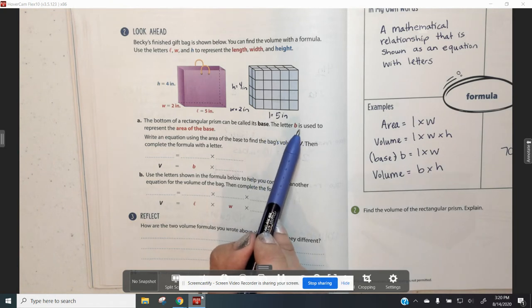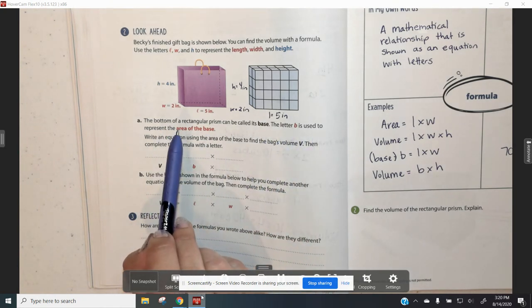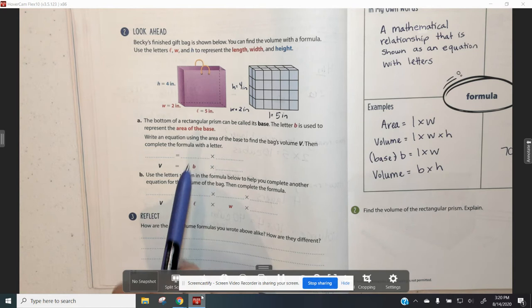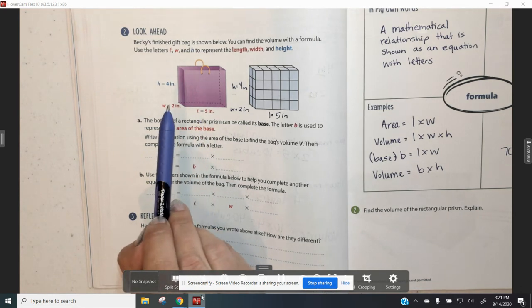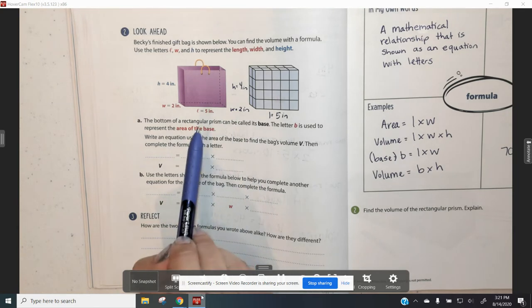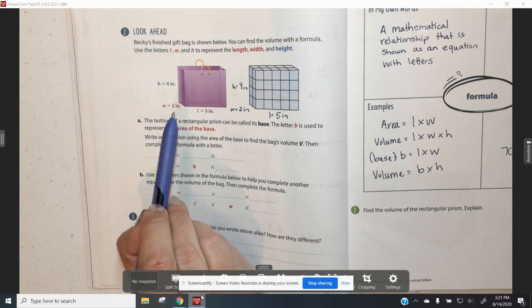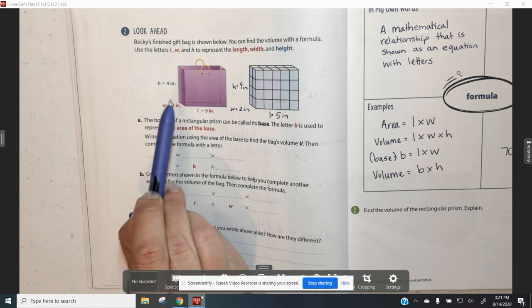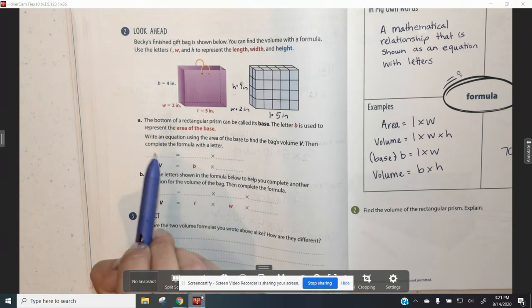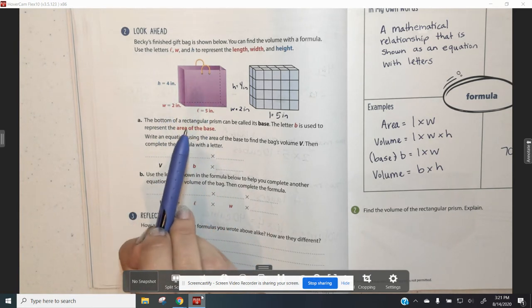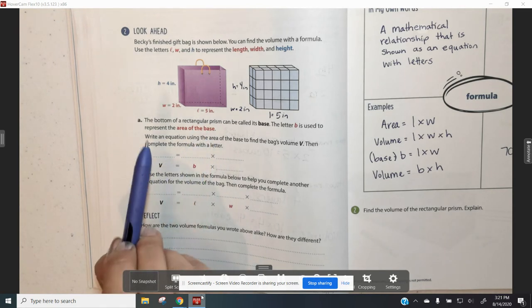The letter B is used to represent the area of the base. We know to find area, we multiply the length times the width. Well, to find the area of the base is the exact same thing. We're going to multiply the length times the width, and that's going to give us the area of the base.